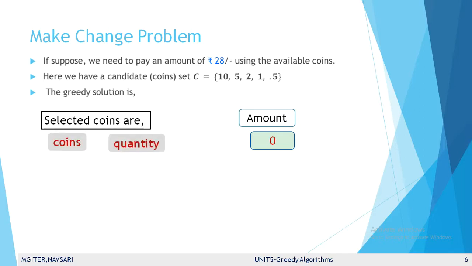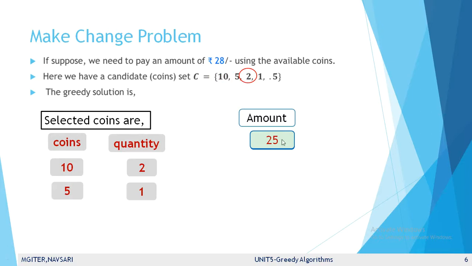So here we select the number of coins. First the amount is 0. So the first coin is 10 rupees. So we select the 10 rupee coin. So two 10 rupee coins are selected. So here we select the highest coin first because it is greedy in nature. And then we take the 5 rupee coin, one 5 rupee coin.